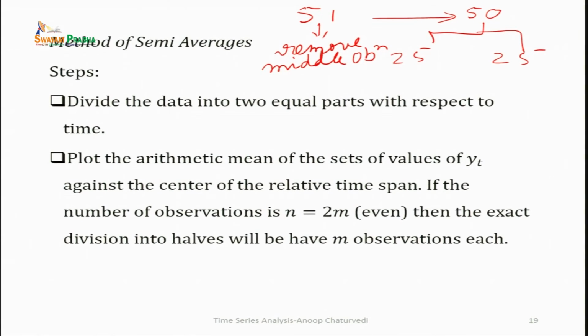Then plot the arithmetic mean of the sets of values of y t against the center of the relative time span. So, if the number of observations is n equal to 2m, you have even number of observations, then the exact division into halves will have m observations each. So, in each half you will have m observations.